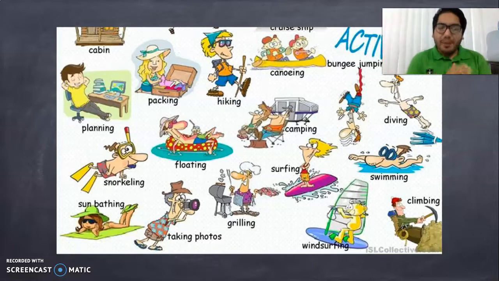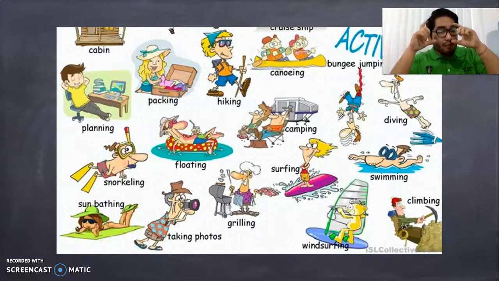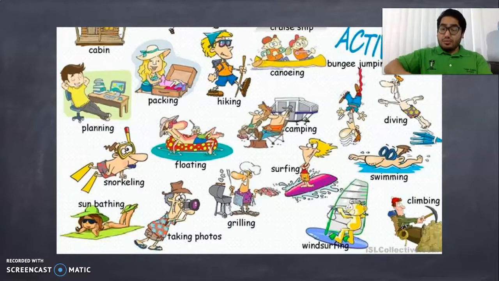You have sunbathing, taking photos, grilling to make your famous carnitas asadas, surfing, windsurfing, and also climbing.